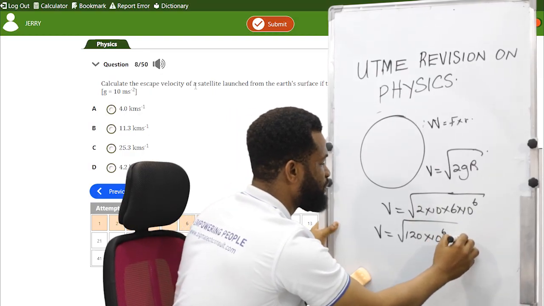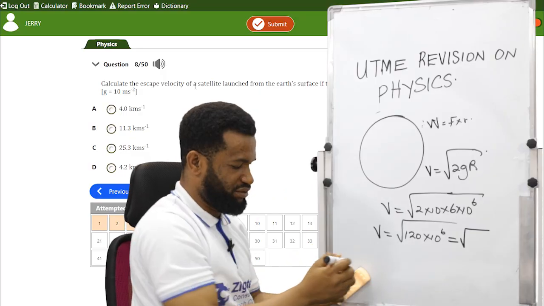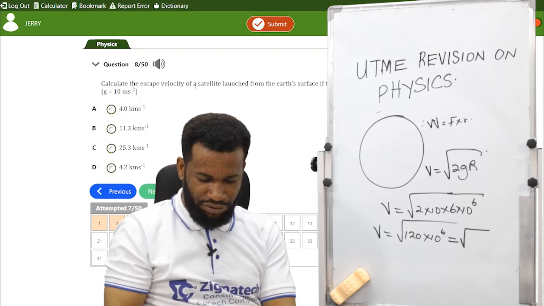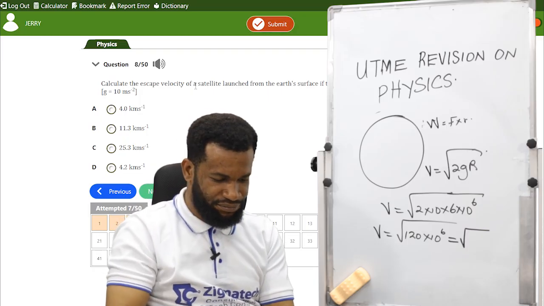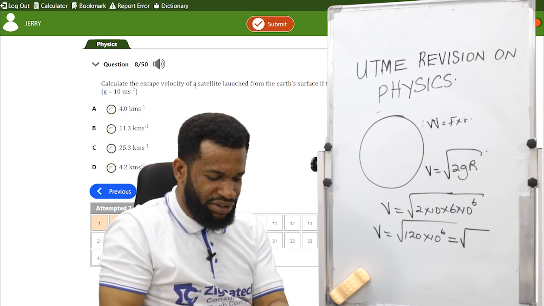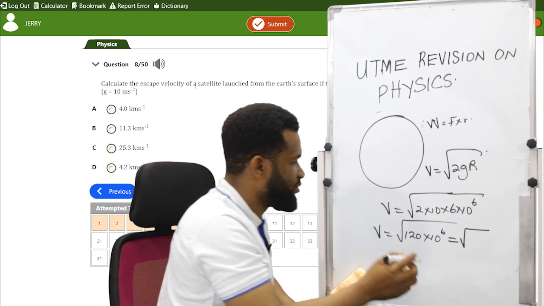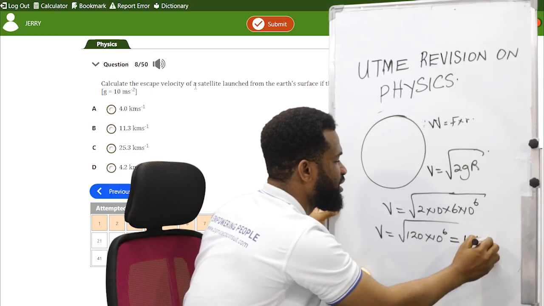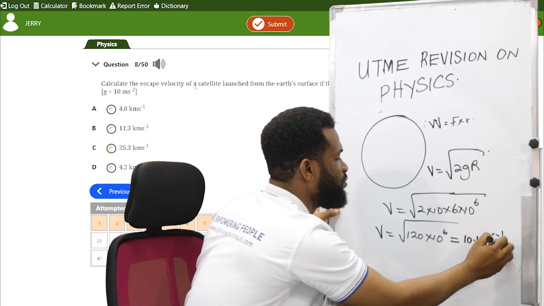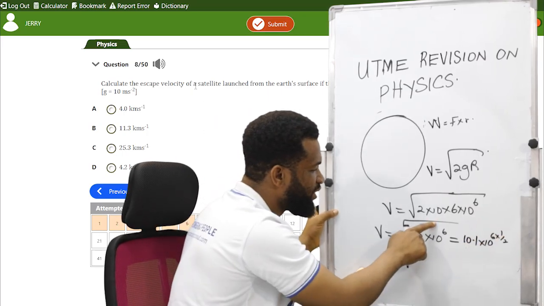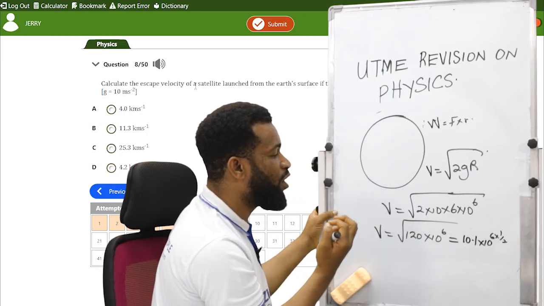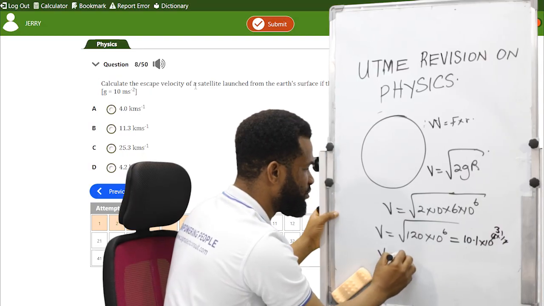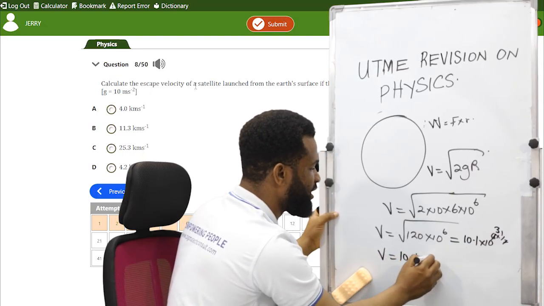So I'm going to have the square root of 120, which is about 10.9. So I'm going to have 10.1 times 10 raised to the power 6 times 1 over 2. Because I have to raise this square root to a power of 1 over 2 such that this will cancel this. I have 3. So V is equal to 10.1 times 10 raised to the power 3.